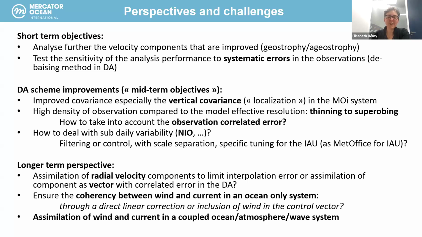The way it was done, I don't have all the details. Isabelle tried to mimic the error, but now we have the kind of analytical function to use to really have this increase at the edge and at the center, and not just use what we get from the files, the simulated error. I don't know if Isabelle can add something, but we will look and discuss this aspect more carefully. Yeah, thank you.